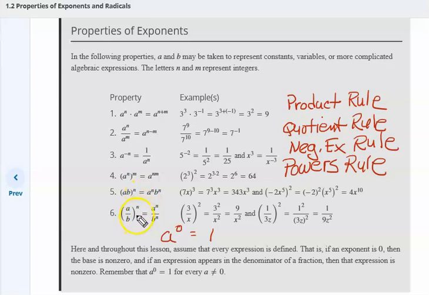And this is just a kind of quotient rule also, where the exponent applies to both the numerator and denominator. And we should add here the zero exponent rule, where any base to the zero power is 1. Okay, you're going to have to pause probably to do this.